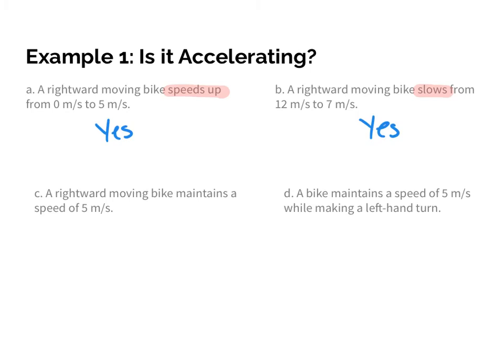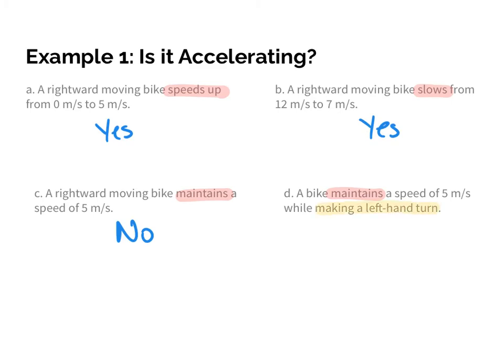The next example says the rightward moving bike maintains its speed. If it maintains its speed, that means no, it's not accelerating because its speed is not changing. And then lastly, D, a bike maintains a speed while making a left-hand turn. We see maintains again, but I also see making a left-hand turn.